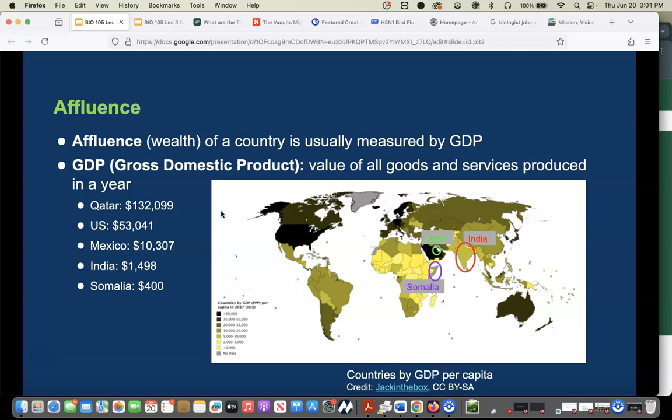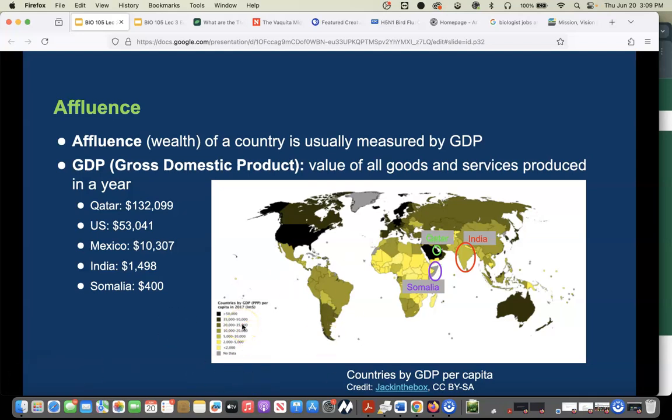And this is the average, right? The US is at about 53,000 per capita. Mexico is 10,000. India is just at 1,498 per capita, and Somalia is at 400. Obviously, the population size plays a big factor in your GDP per capita calculations.